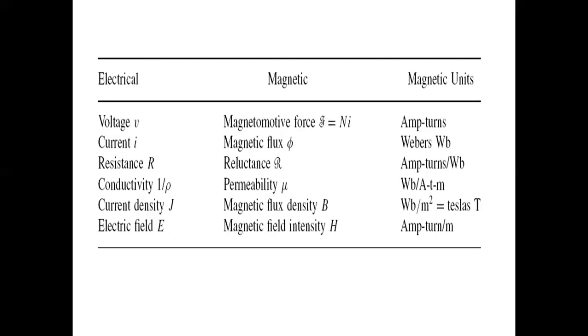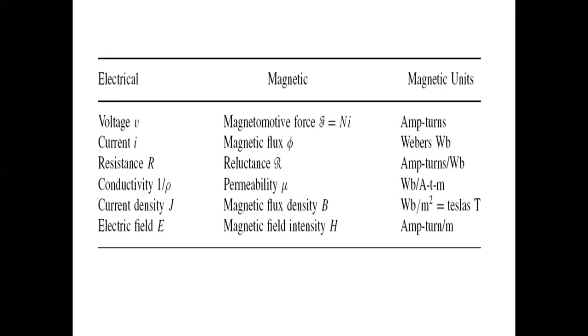I'm not talking about the electrical units, as you already know them. Current in the electrical circuit corresponds to magnetic flux in the magnetic circuit, with the unit Weber, denoted Wb. Resistance in electrical circuits is reluctance in the magnetic circuit. The unit of reluctance is ampere turns per Weber.